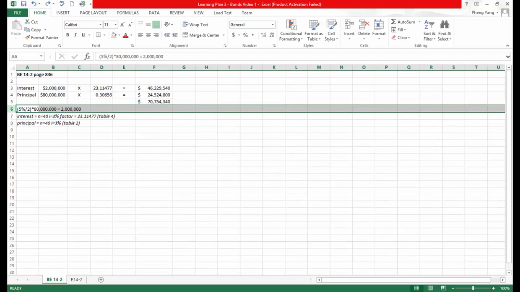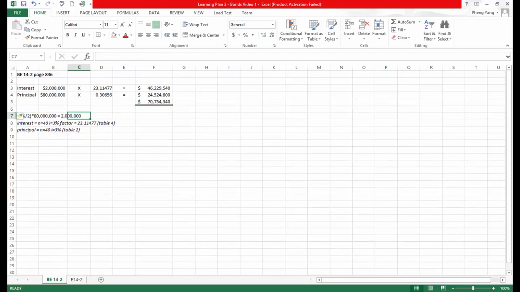If you add this up, our total present value, or the price of the bonds, equals 70,754,384. So that is brief exercise 14-2.